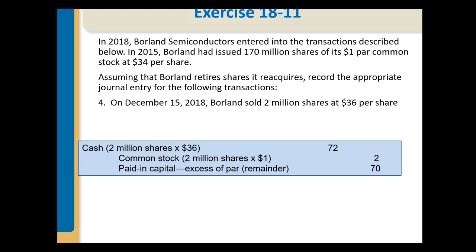Then on December 15th, 2018, Borland sold 2 million shares at $36 per share. Again, we debit our cash, 2 million at 36, credit our common stock for the par, and then we credit our paid in capital for the excess.